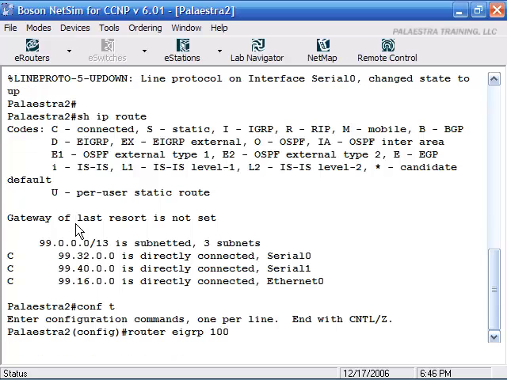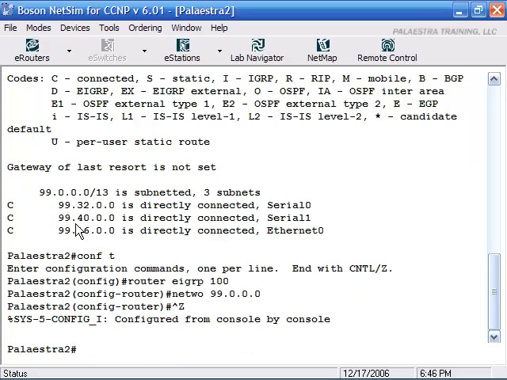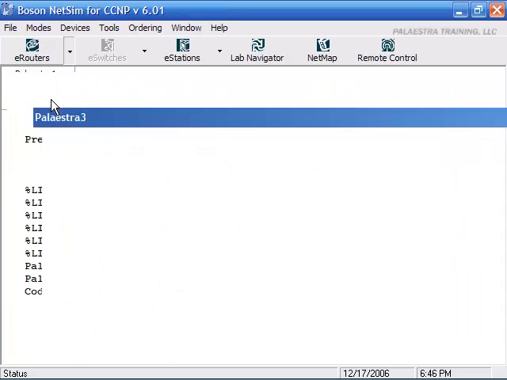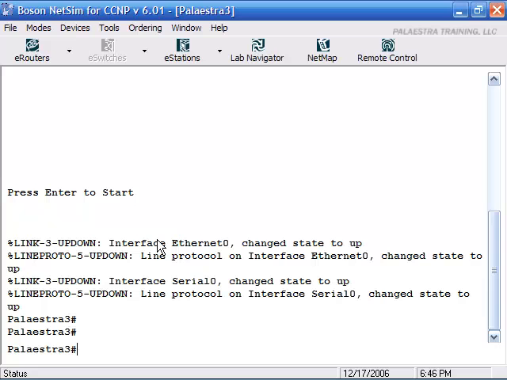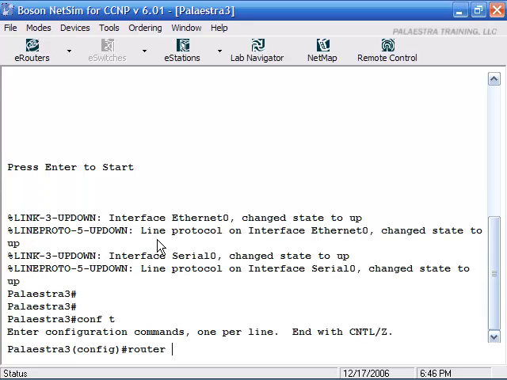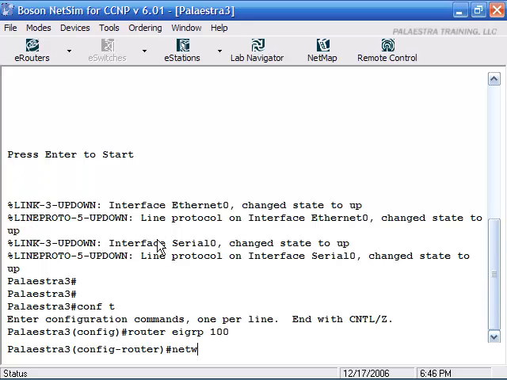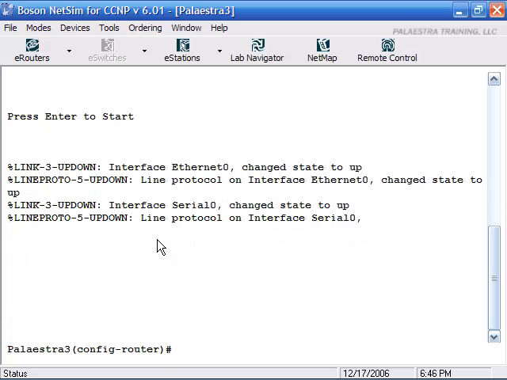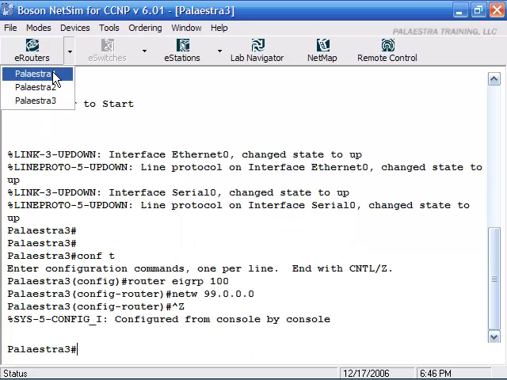Again, 100 is the autonomous system number. It's got to match. Network. What do all the interfaces have in common? 99. And I am done with Palestra 2. We'll go to the last router, Palestra 3. Router EIGRP 100. Network 99.0.0.0. Now all 3 routers are configured.